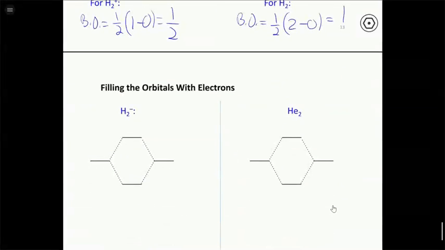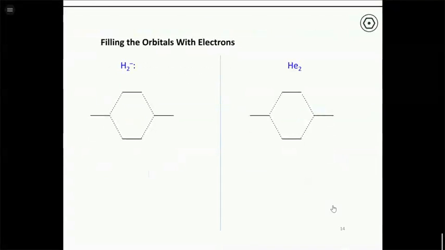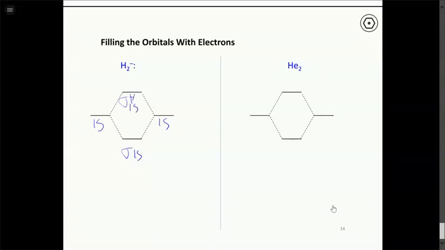And then if we have H2 minus and He2 plus, we would have the same basic diagrams. We're still mixing 1s orbitals, so we're still going to form a sigma 1s and a sigma star 1s. This would also be the same diagram that we would get for He plus. So both of these have 3 valence electrons.